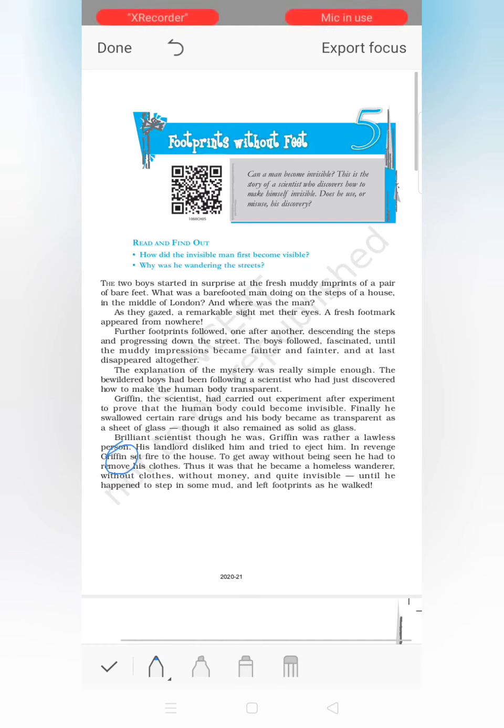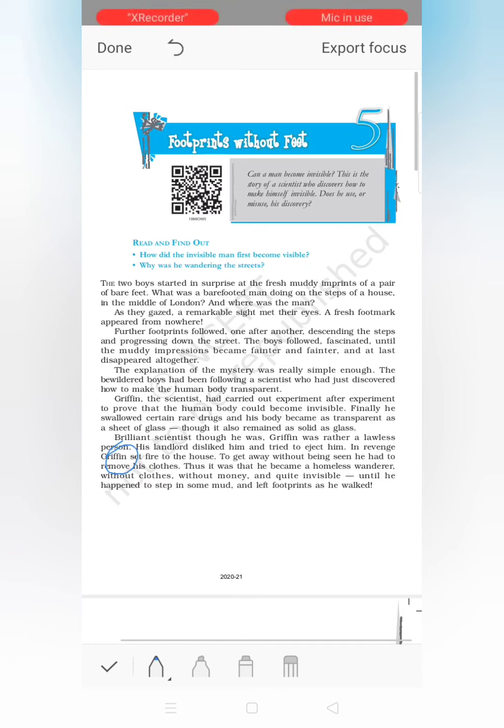Let's read out the story and find out what happens after he consumes the rare chemical, how he uses it, whether he uses it or misuses his powers for his own. Let's read.